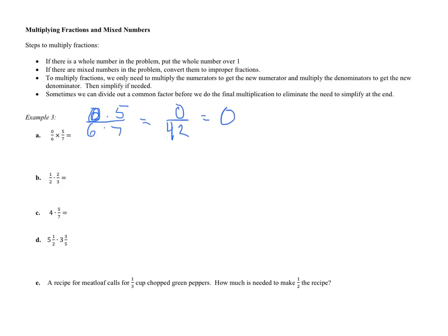Example B, 1/2 times 2/3. We're going to multiply the numerators, 1 times 2, to get the new numerator, which is 2. Then we'll multiply the two denominators, 2 times 3, to get the new denominator, 6. And now simplify if needed. 2/6, there's a common factor in the numerator and denominator of 2.